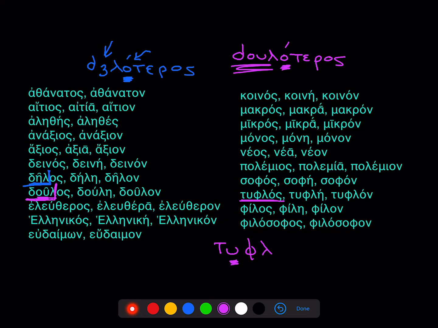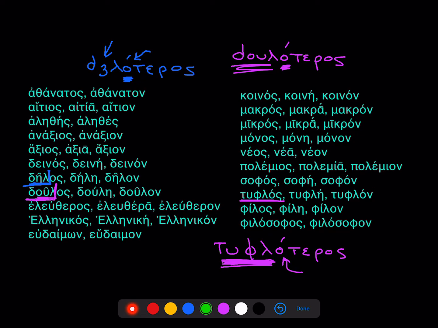This is a short upsilon, but it's followed by two consonants, so that makes that a long syllable. So tufloteros or tuflotatos, right? Long syllable followed by the short O, the omicron.